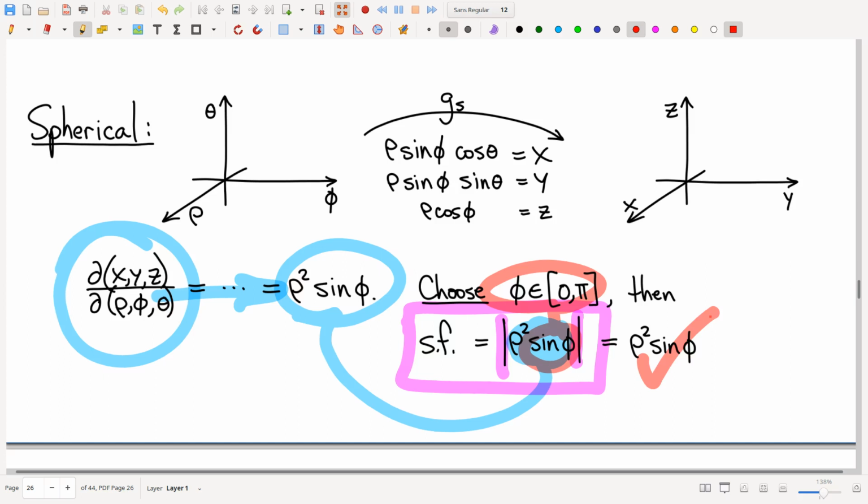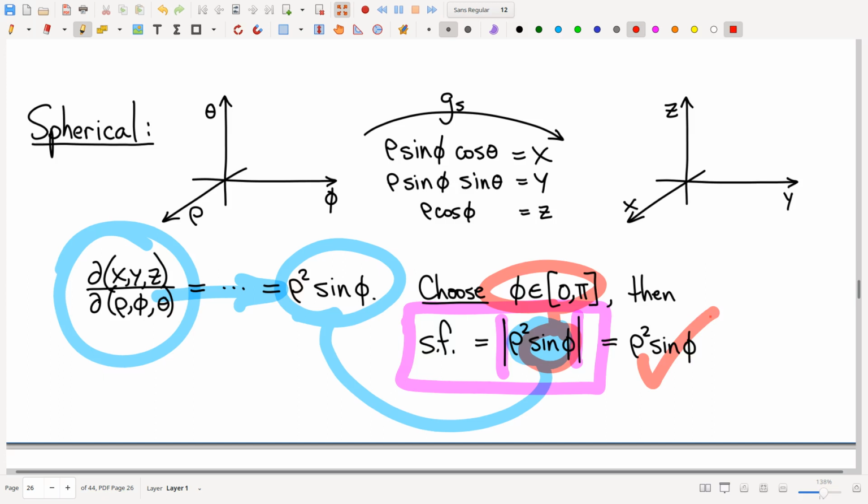Never say never, but I do not have any example prepared, nor have I ever seen an example where that would be a good idea. So, again, never say never, right? But I don't think it's worth worrying about. So there you go. Strongly recommended that you always make choices that put phi between 0 and pi.